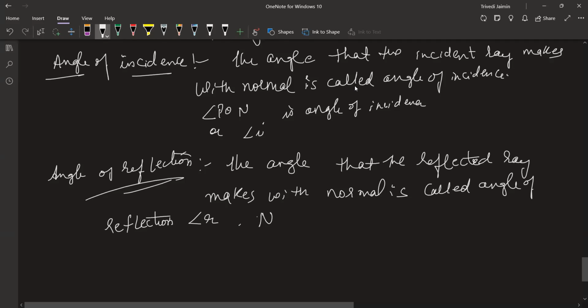Angle NOQ. NOQ is the angle of reflection.